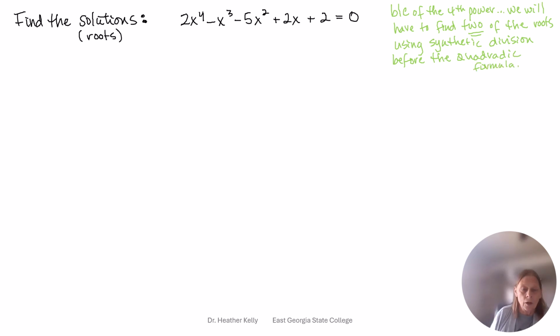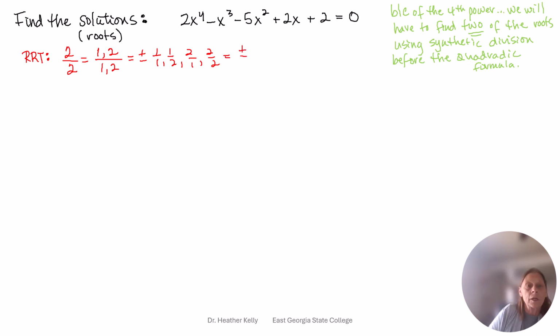Okay? All right. So first things first, let's do our rational root. And here we're doing the factors of 2 over the factors of 2. All right, so that's 1 and 2 over 1 and 2. That's going to be plus or minus 1 over 1, 1 over 2, 2 over 1, 2 over 2. Well, at least we've got a short list, right?